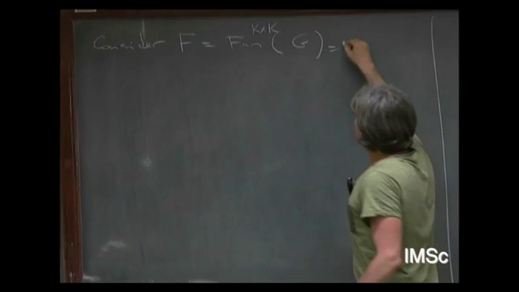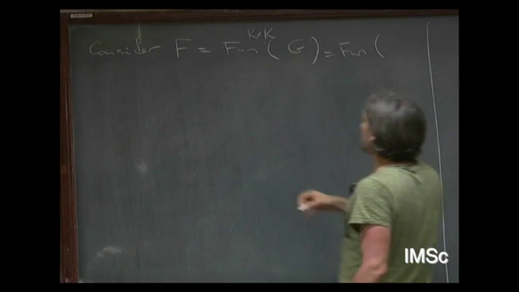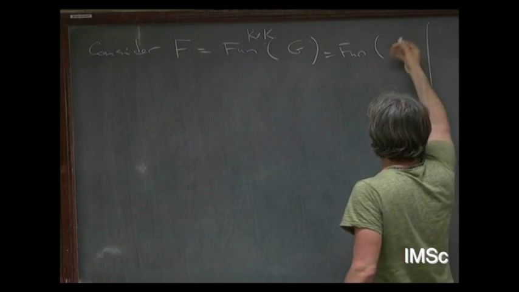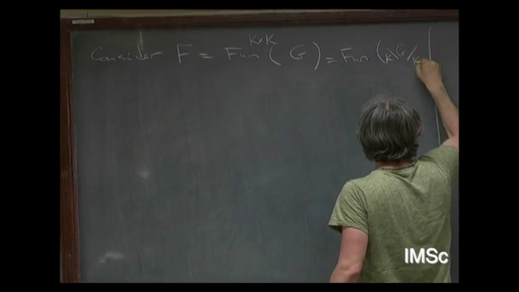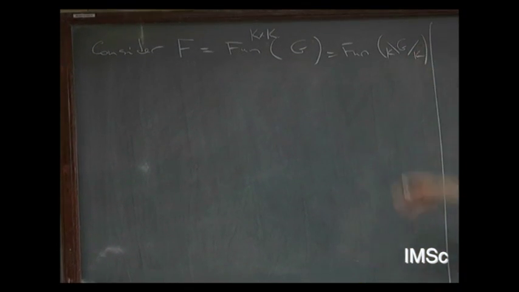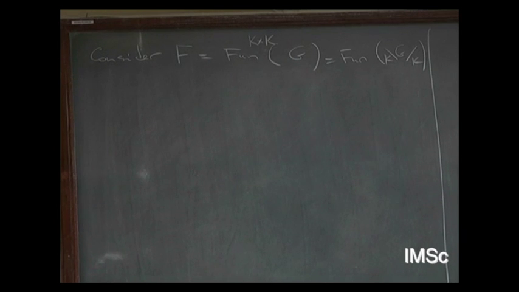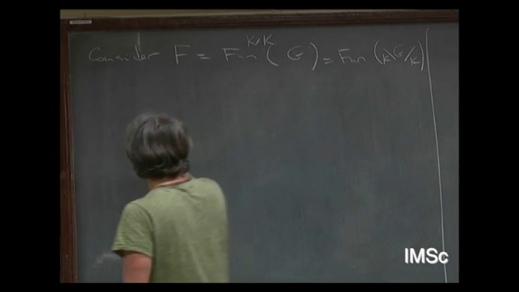This is called bi-invariant functions, and this is the same as functions on double cosets. Again, this is not anything fancy. It's not a stack or anything. It's just a set right now. Okay, so then we have multiplication on G.